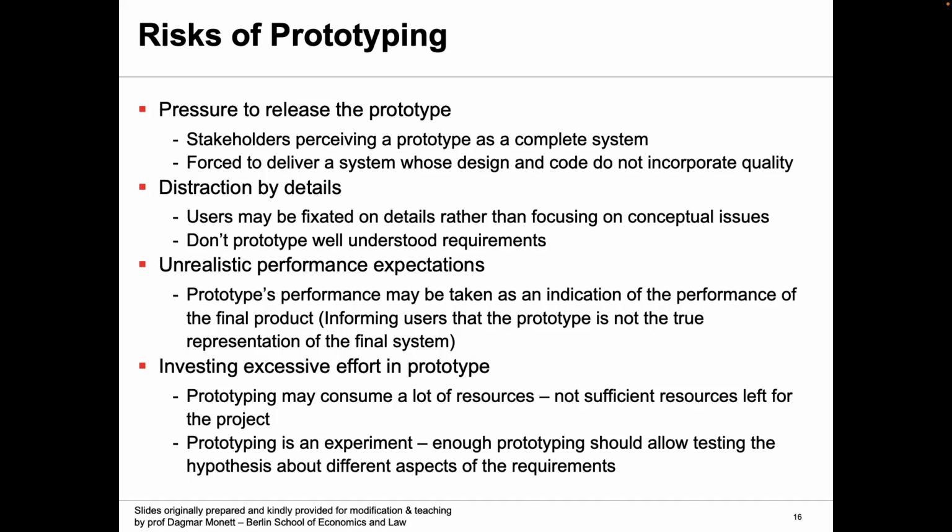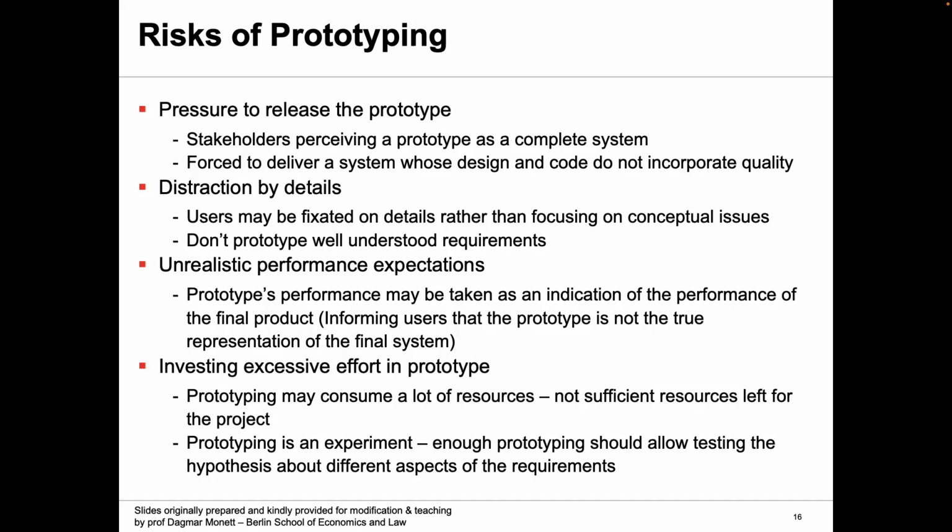But when working with real looking prototypes, it's easy for users to forget that they should actually be concerned with the conceptual issues at this stage, and they can leave all the details like the display or the navigation later on.